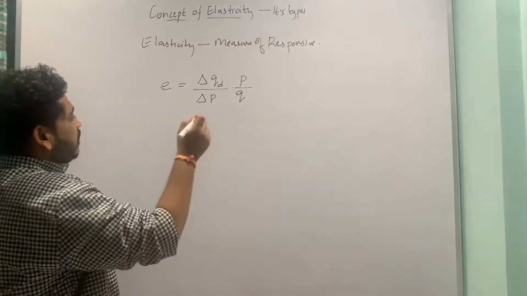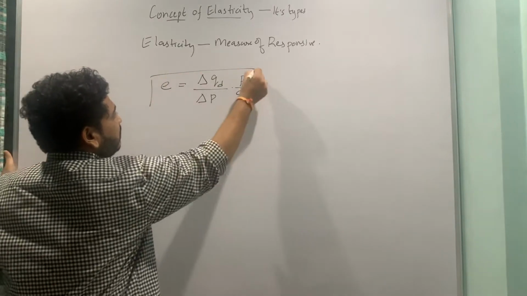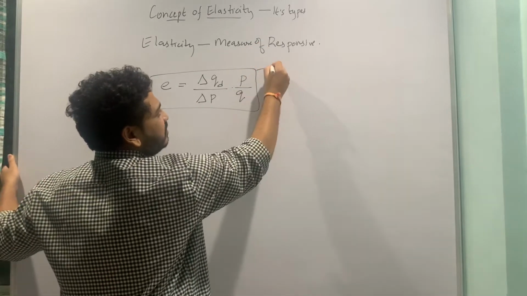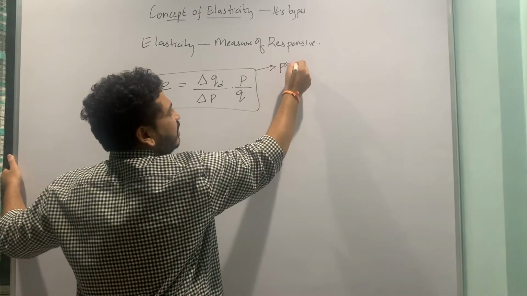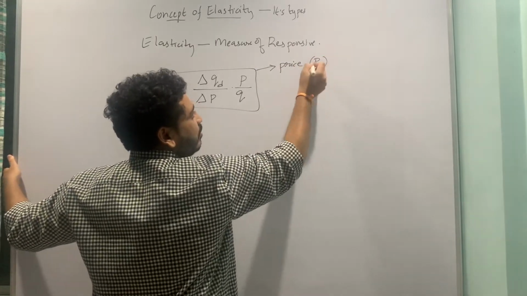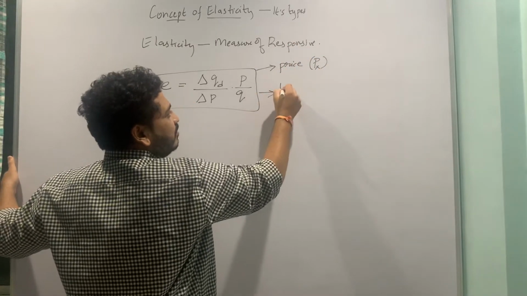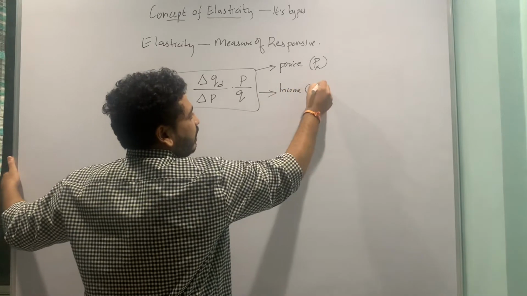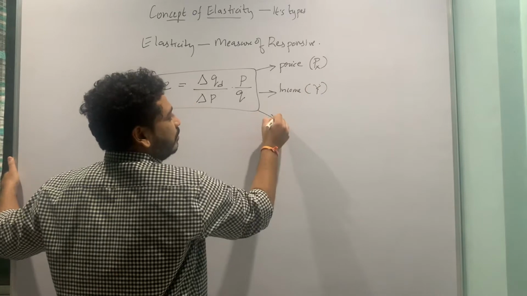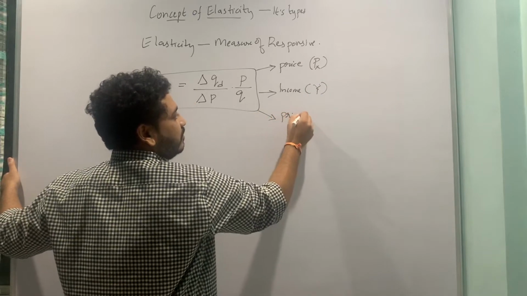Given this formula, it is a measure of responsiveness to the price of that particular commodity which you are talking about, say commodity X, the income of the consumer denoted by capital Y, and third, the price of related goods.